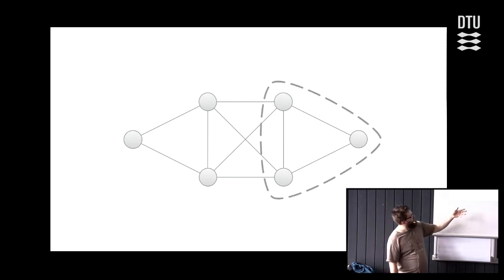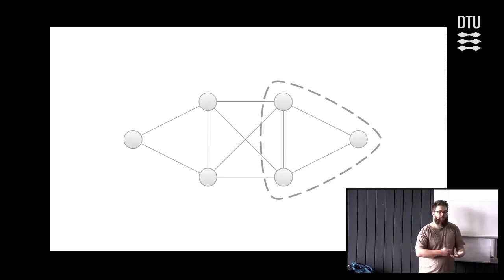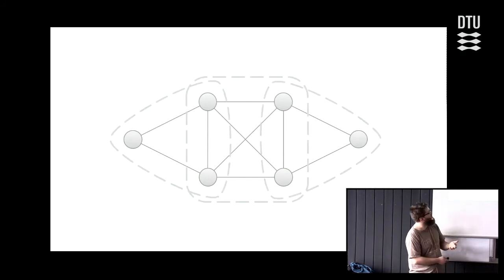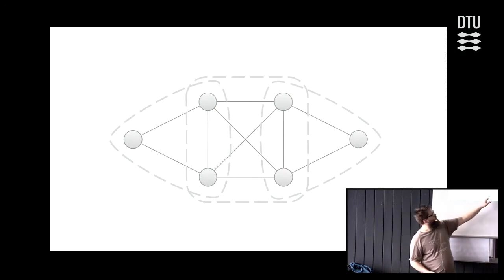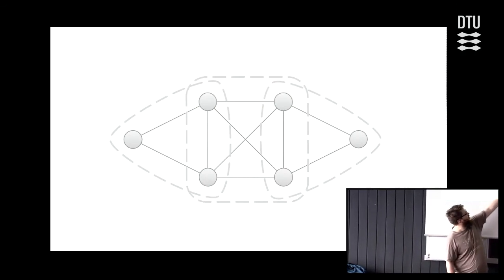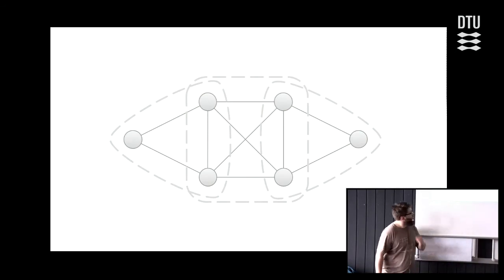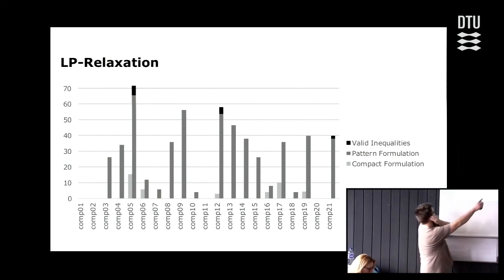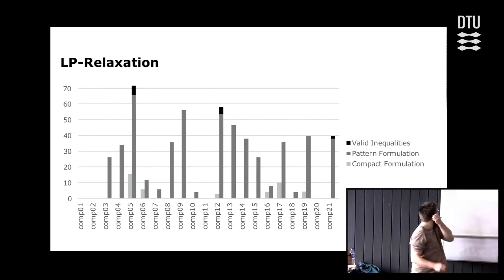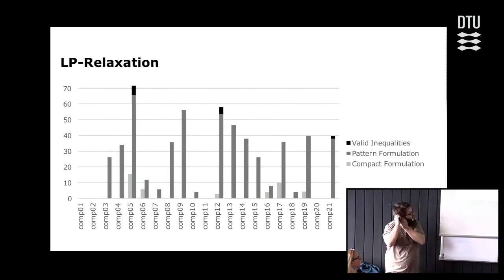And we also have a clique here and a clique over here. What we do is we enumerate or create a lot of these cliques in this graph such that we ensure that every edge in the graph is going to be in at least one of these cliques. And then we just get a slight improvement, but only for some of the solutions.